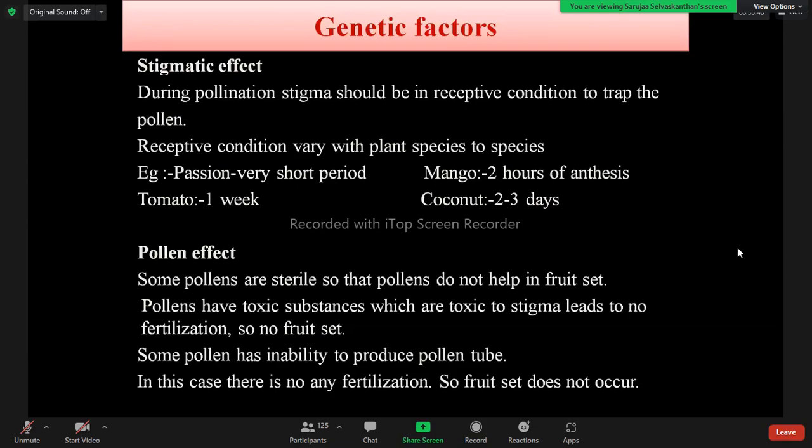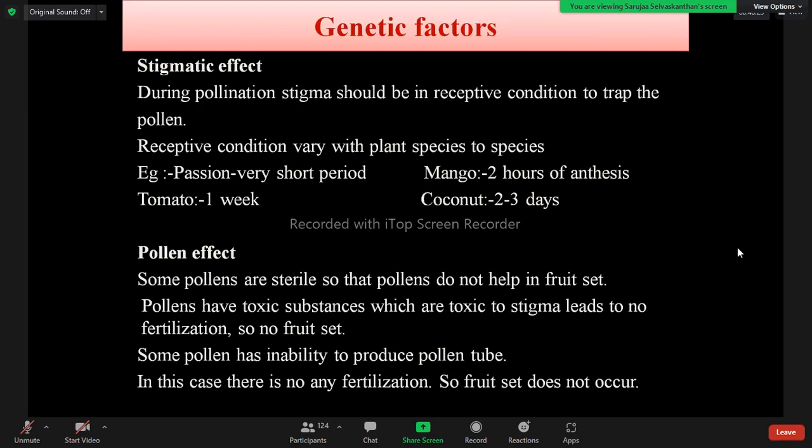Pollen effect means some pollens are sterile, so that pollen does not help in fruit set. Pollens are there, but they are in a sterile condition, not in a fertile condition. Some pollens have substances which are toxic to the stigma, which leads to no fertilization. The stigma will not receive the pollen, so fertilization will not happen, and therefore there is no fruit set.